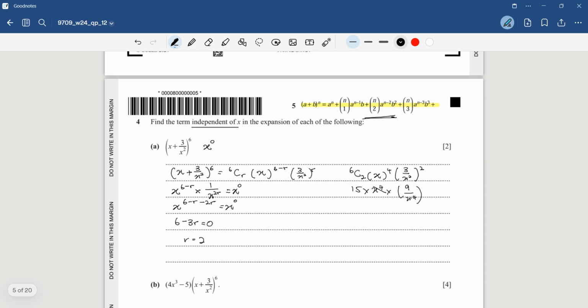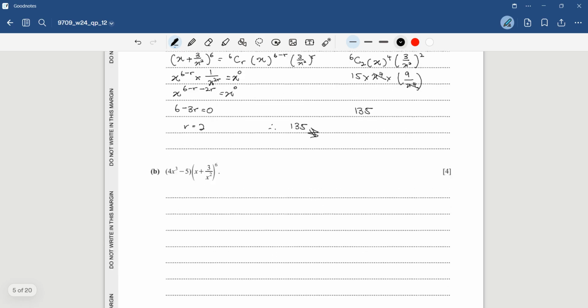So x to the 4 will cancel each other, so this will be 135. Okay, so therefore the independent term of x is 135.